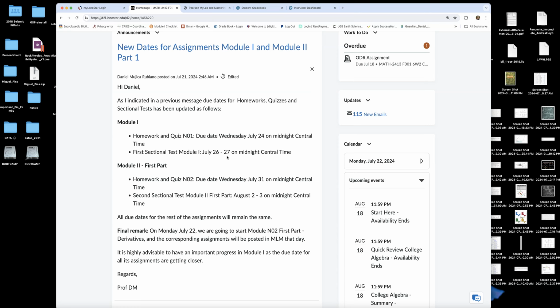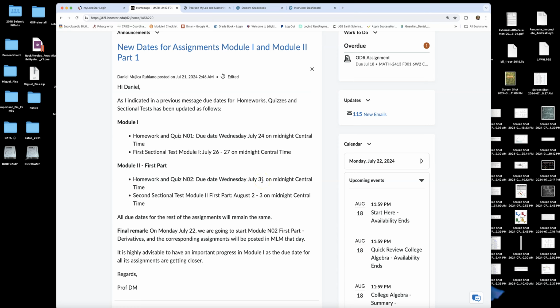Okay, so also in module number 2, that was the commitment with our dean, to give you some extensions. So homework and quiz number 2 are going to be due on Wednesday, not this Wednesday, but next Wednesday, July 31st.